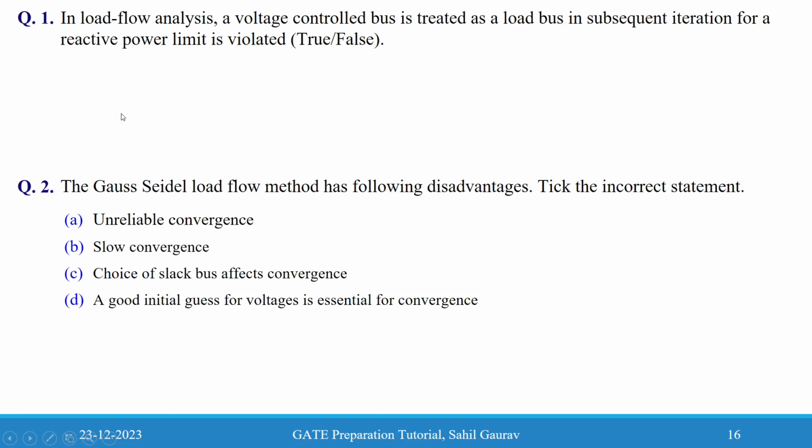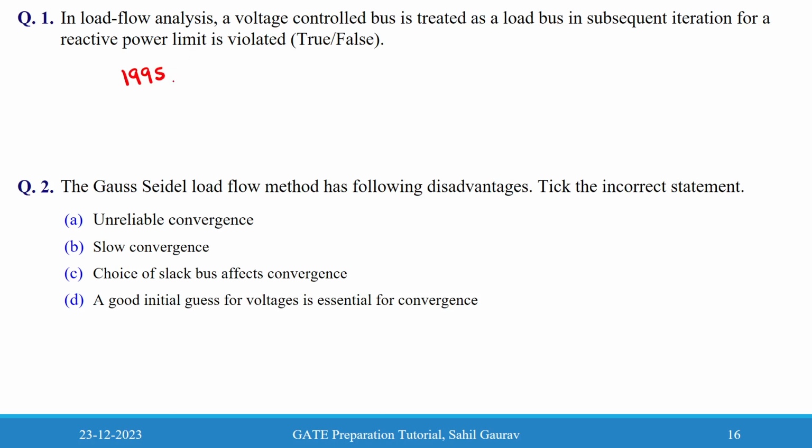Now there are two questions I have seen on the Gauss-Seidel load flow method in the GATE exam, a little bit older. All of you please try this problem. The first problem: in load flow analysis, a voltage control bus is treated as a load bus in a subsequent iteration if a reactive power limit is violated. Is it true or false? Anyone can answer this?